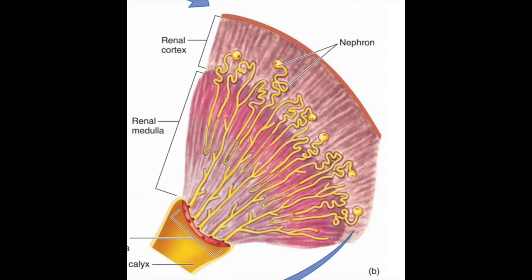And you can begin to see where the Bowman capsules are and all these convoluted tubes which are necessary in the function of reabsorption, and these convolutions increase surface area, giving more time for and more exchange between the blood and the processes undergoing within the nephron.